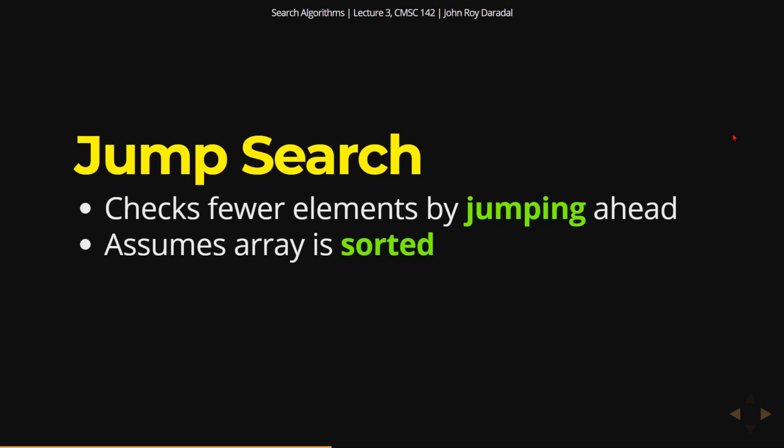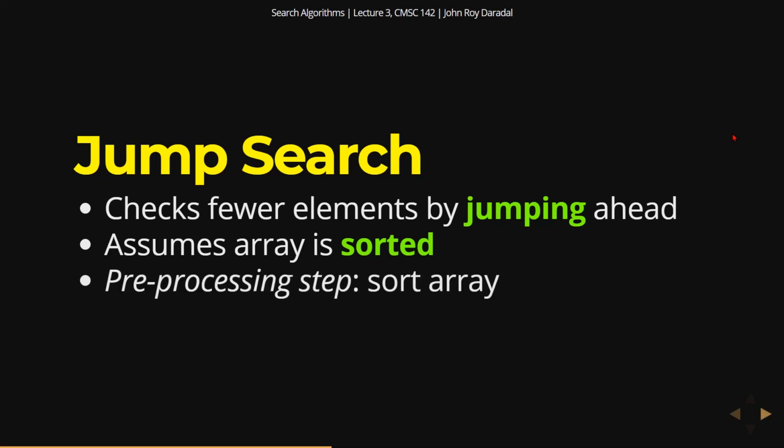That is the caveat of doing jump search: you have to assume that the array is already sorted for you to be able to jump safely. So you have to pre-process the array or the collection by sorting it. Once you have sorted it, then you can do jump search.